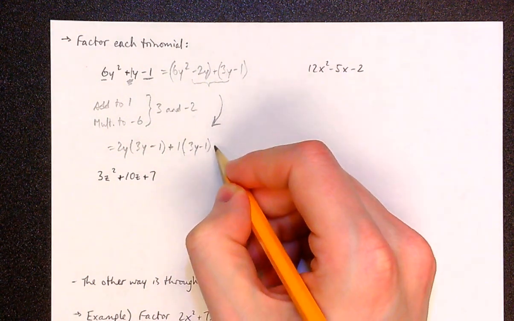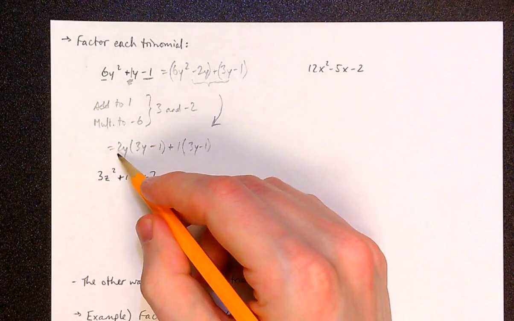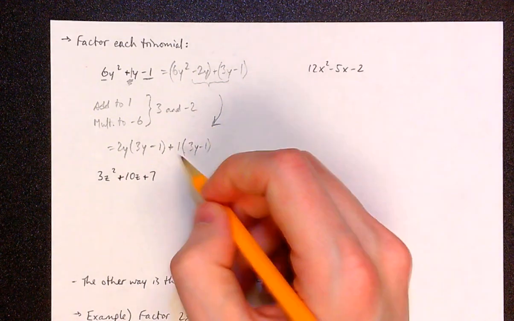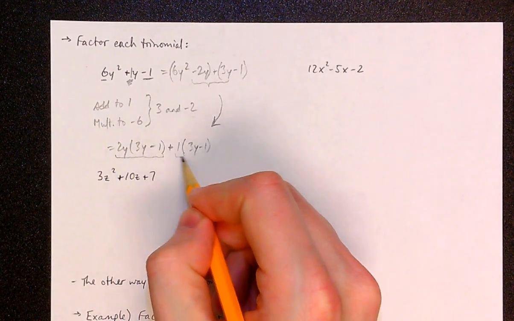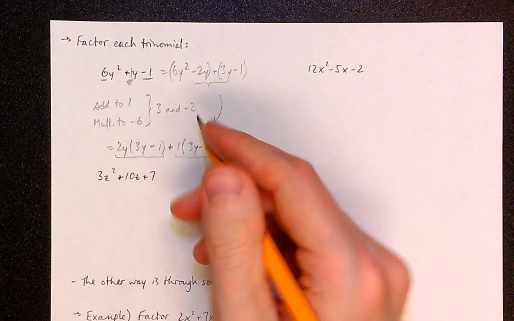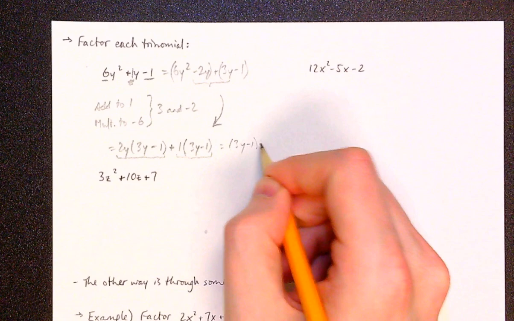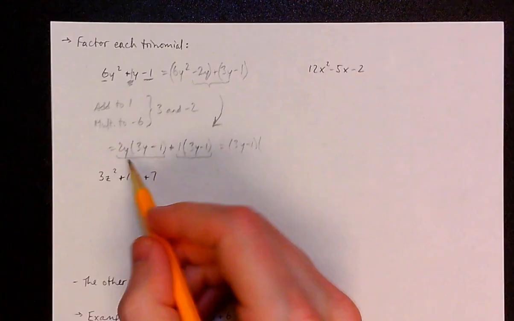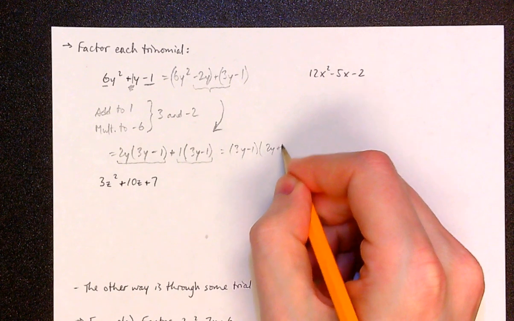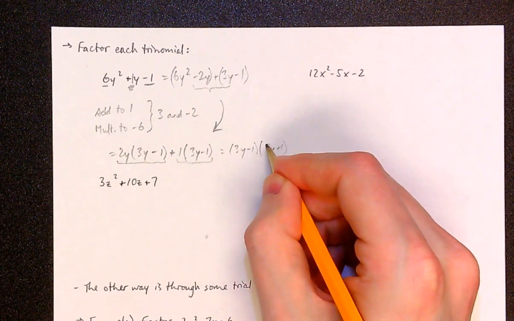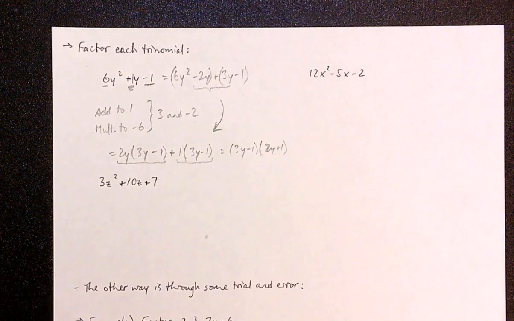So we've pulled the GCF out of each of our groups. There's a common factor, 3y minus 1. Pull out that common factor, and what are we left with? 2y plus 1. And we have that guy factored.